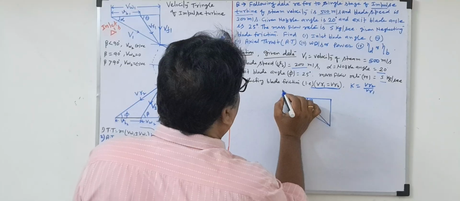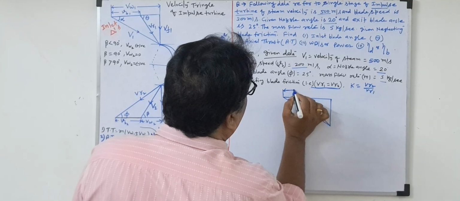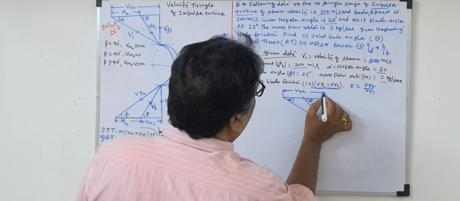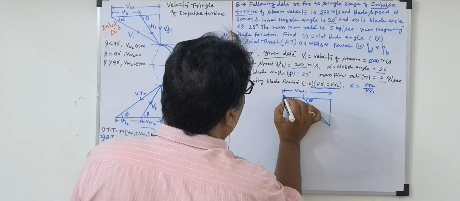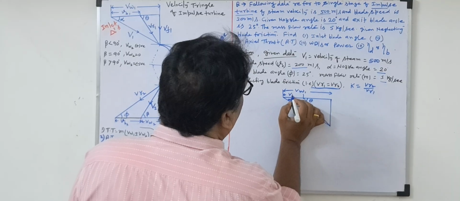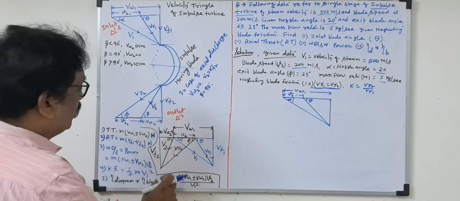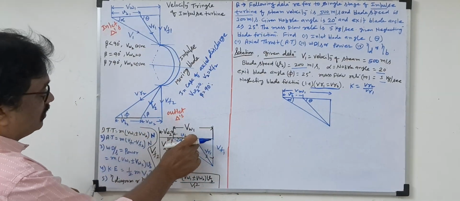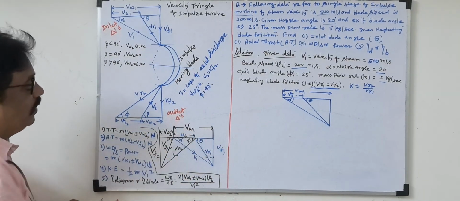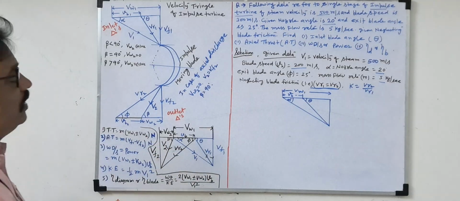Then this total length will be VW1, the whirl velocity at inlet. This is the blade velocity, just we are taking as small VB. Actually the blade velocity will be equal for both inlet and outlet once we combine them.